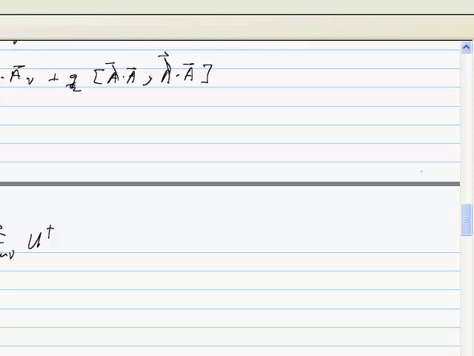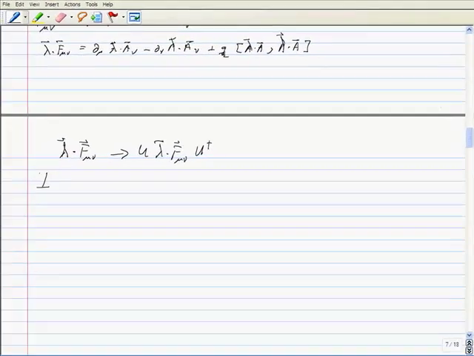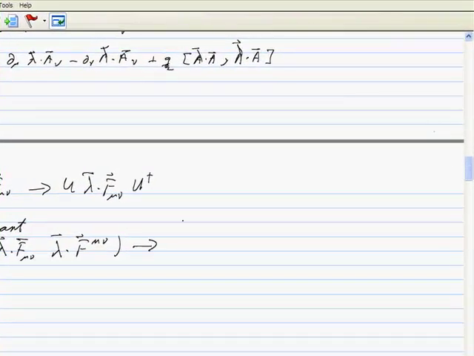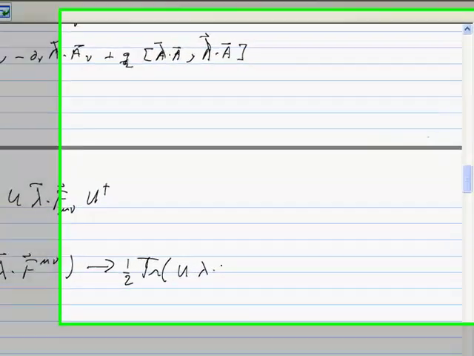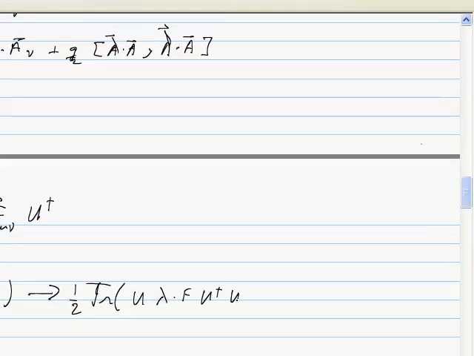So this implies that to form an invariant, if we take 1/2 trace of λ·F λ·F, that's clearly invariant because that goes into 1/2 trace of U λ·F U† U λ·F U†.